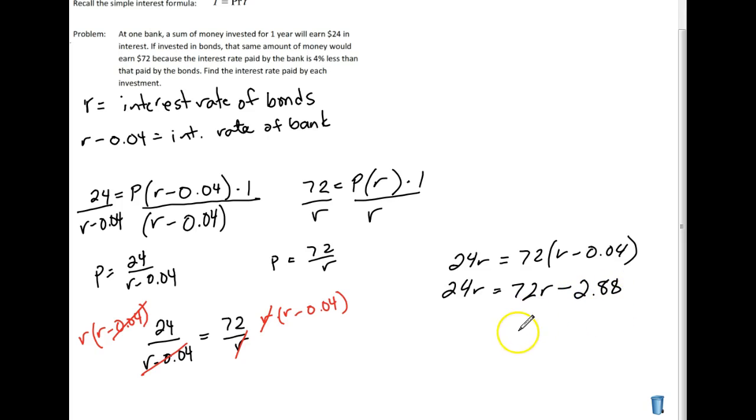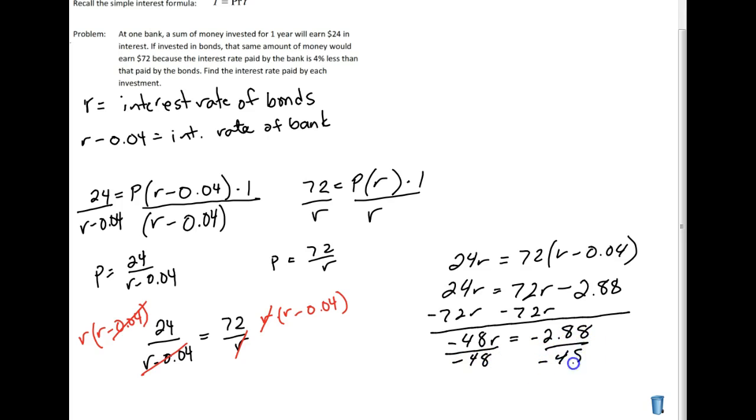You can do that on your calculator if you're not sure. So now I'm just going to solve for R. And I get negative 48R equals negative 2.88. You don't even need me to help you solve this last step because you got it.